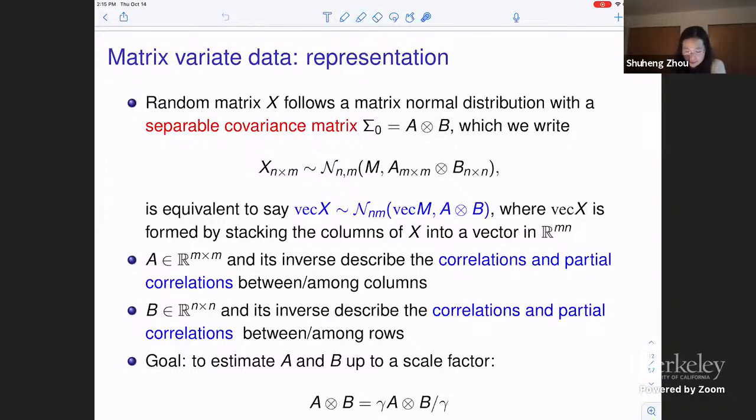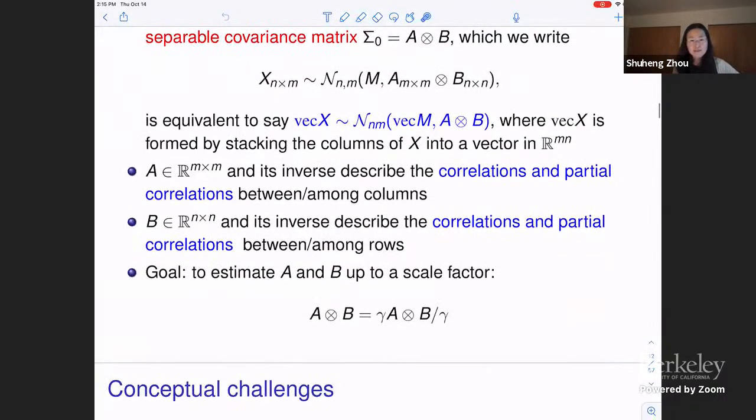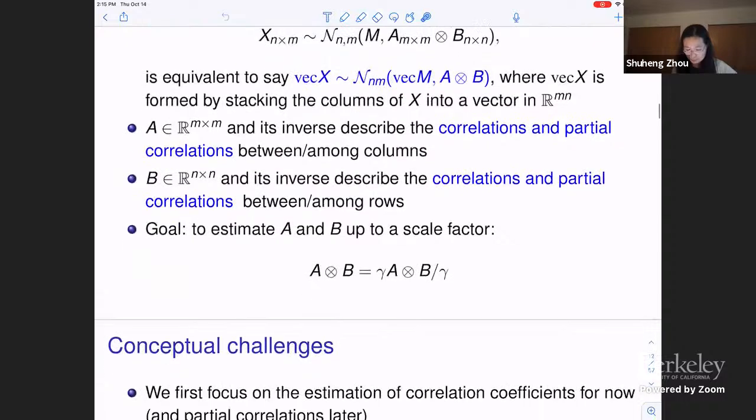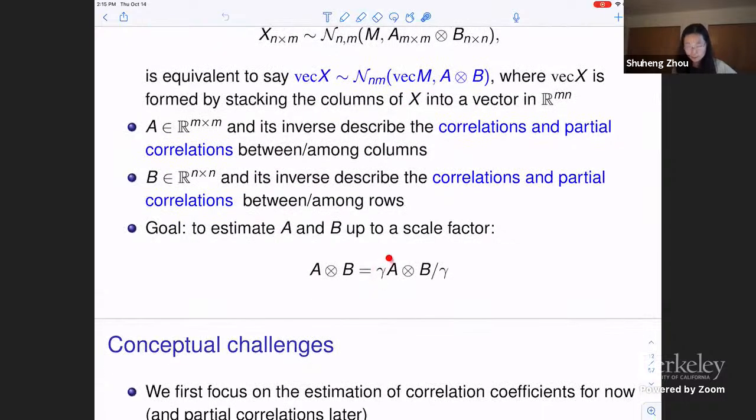And so here A would describe the correlation or partial correlations between and among columns, and B would represent the correlations and the partial correlations between and among the rows, which are the samples. And the goal is to estimate A and B up to a certain scalar factor, because for a product of two things, you can only estimate them up to a scalar factor.